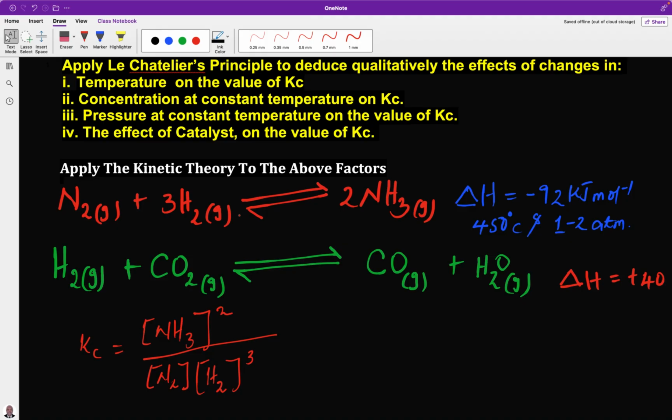Decreasing the temperature is going to favor the production of more ammonia. Decreasing the temperature, equilibrium will shift more but to the right. More of the product is formed. And our Kc will do what? The value of the Kc is going to do what? It's going to increase, because there is more of the product than the reactant.